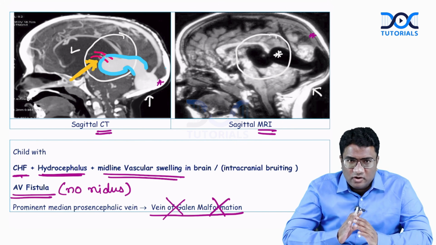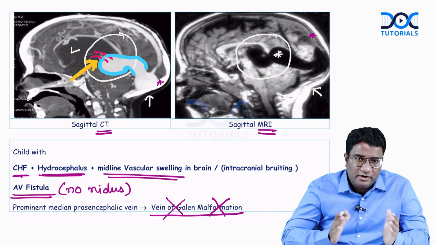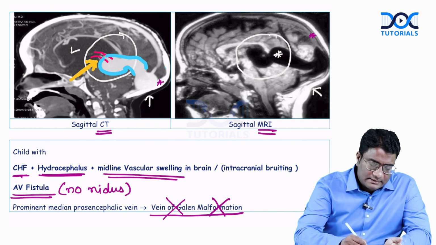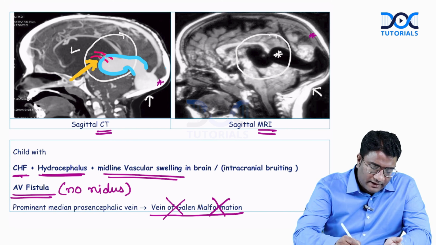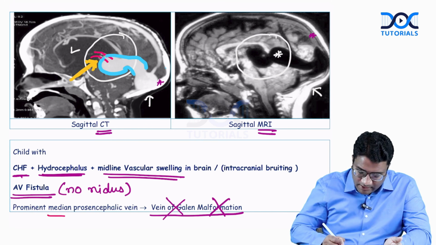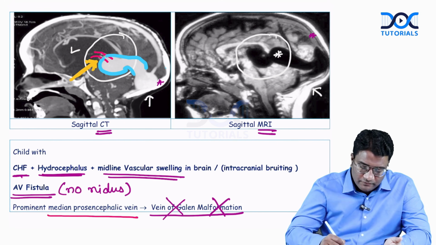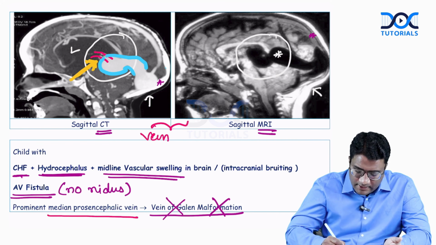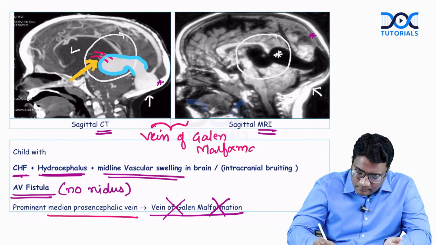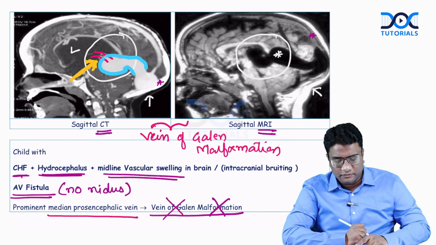What is dilated is not the vein of Galen, it is its embryonic precursor. What is that? That is the median prosencephalic vein. And it is not an AV malformation, it is an AV fistula. So remember, all of this is vein of Galen malformation. Right? Let's move to the next one.